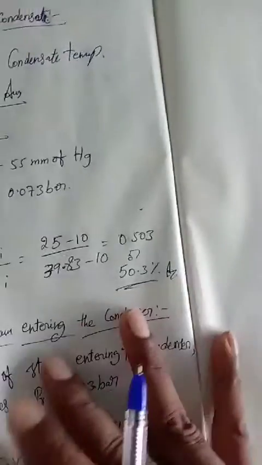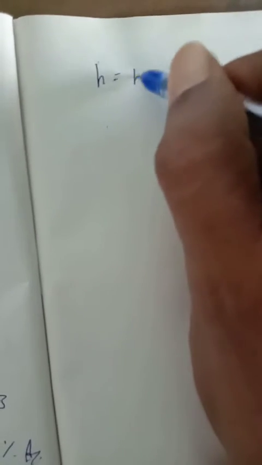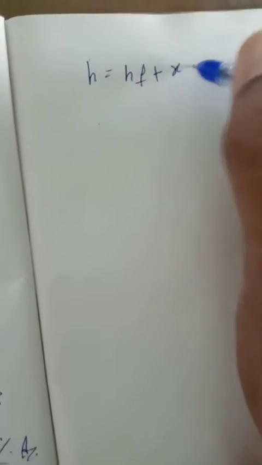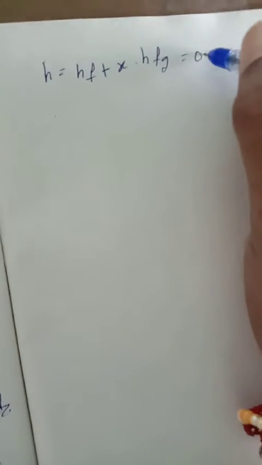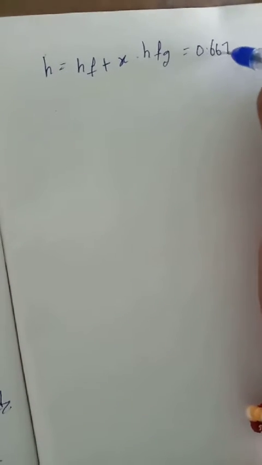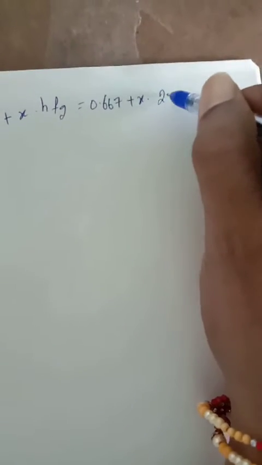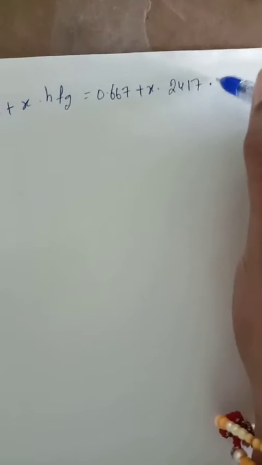So we know that the actual enthalpy of entering steam H is equal to HF plus X into HFG, that is 166.7 plus X into 2417.4.